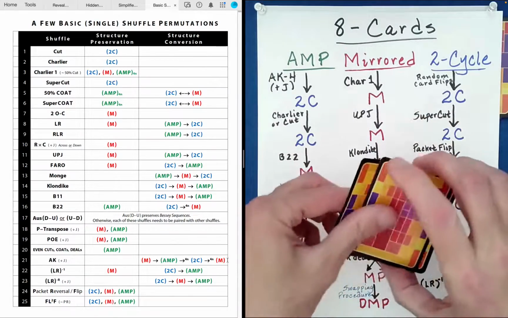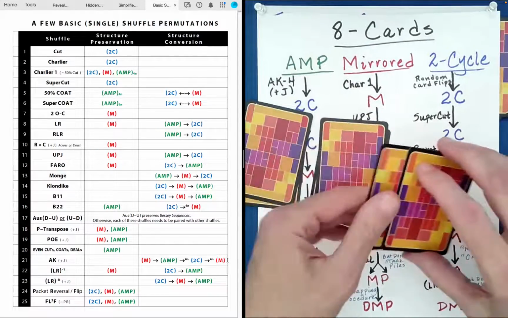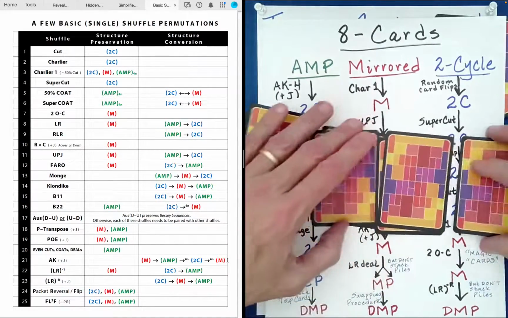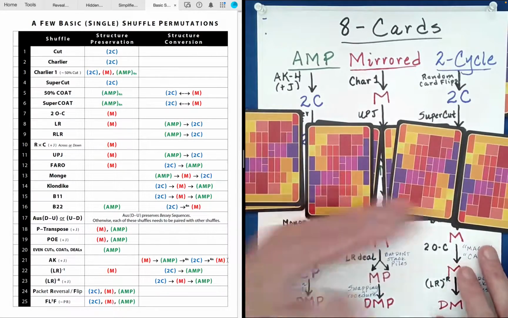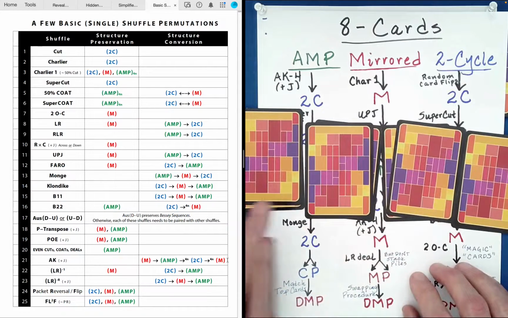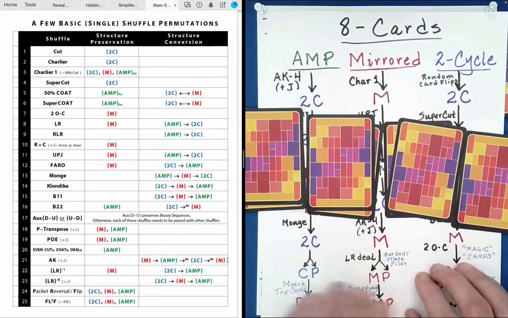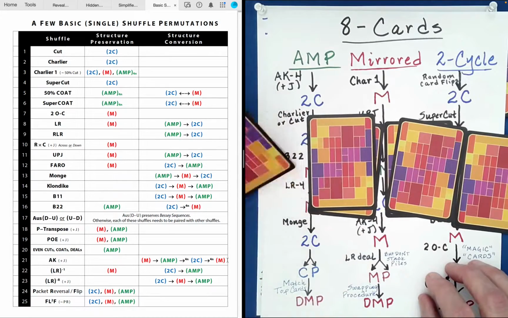Okay, so we're going to do 4 piles. 1, 2, 3, 4. You are free to stack from left to right, right to left, leapfrog from left to right, or leapfrog from right to left. So why don't we just stack left to right?